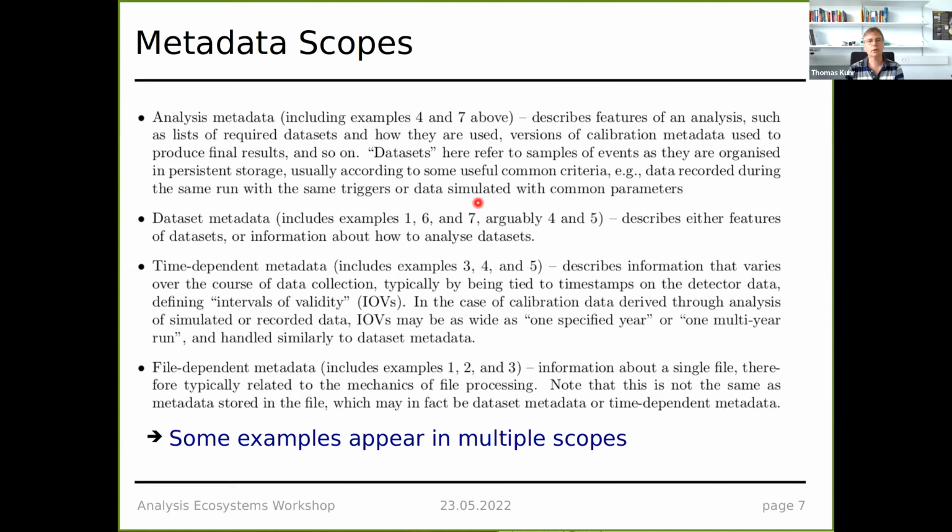If you look, some analyses here, like 7, 4, 5, and so on, are listed multiple times. So this already indicates that maybe the definition is not yet sharp enough that we can uniquely assign these examples to one of these scopes.